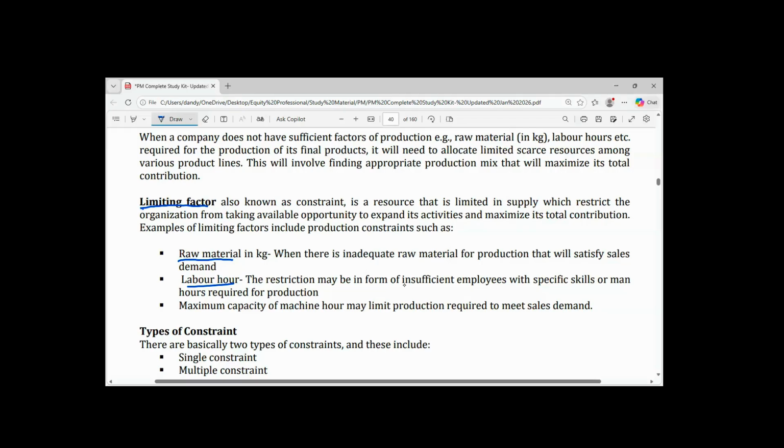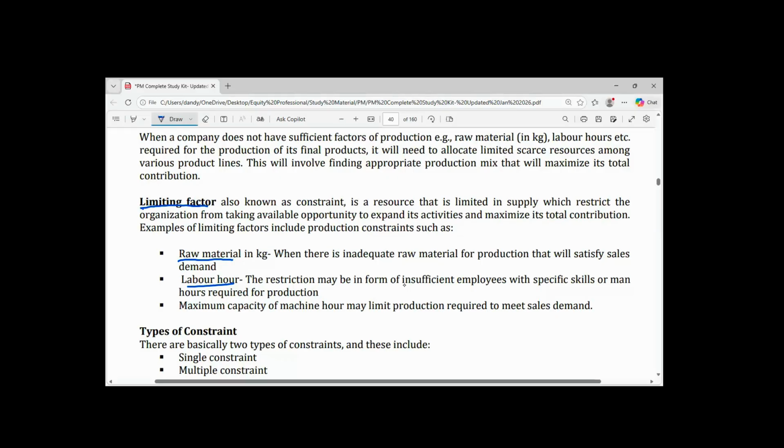When there's insufficient labor or employees that have specific skills to do the job, this will amount to a constraint, because you are looking for a particular skill to do a particular job, but that skill is not readily available. That's a constraint. That means the little you have is what you are going to make use of. So that's a constraint.